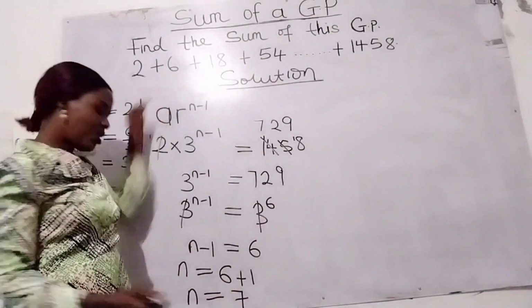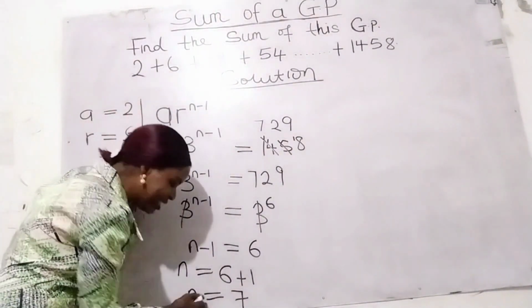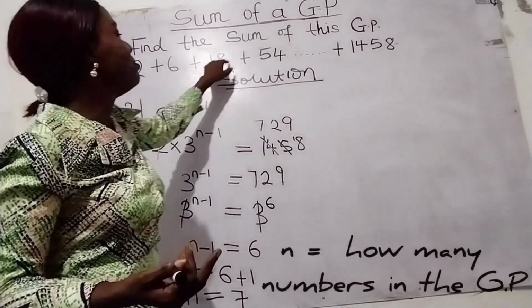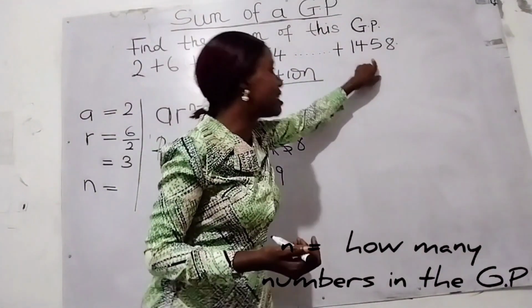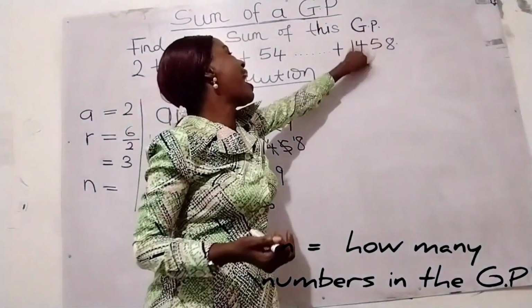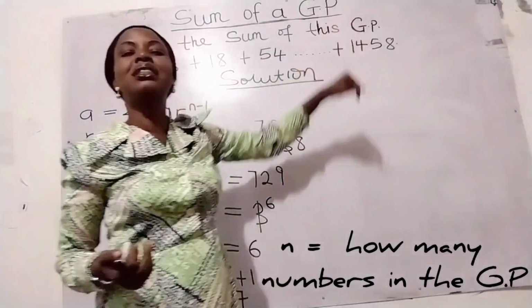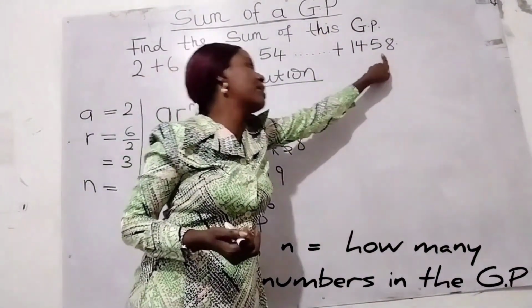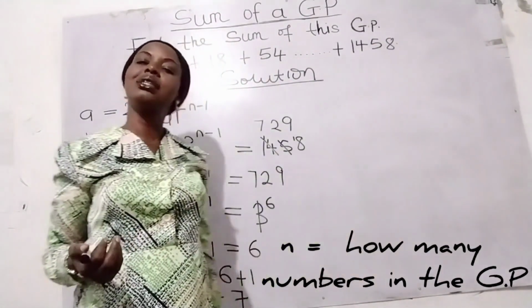So our n is equal to 7. What does that mean? The number of terms in this GP is 7. This GP contains 7 numbers, and this last number is the 7th one. This last value is the value of the 7th number. That is what it means.